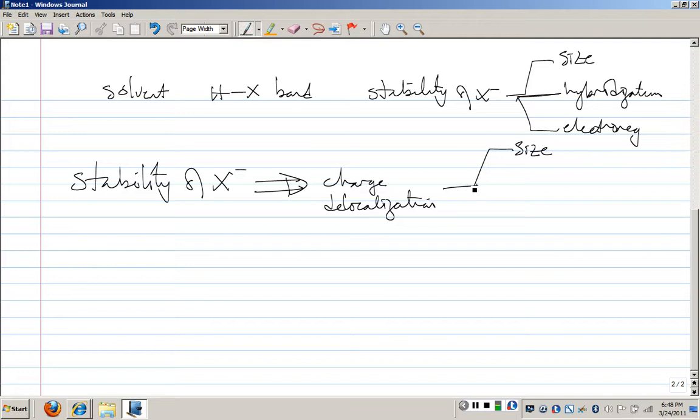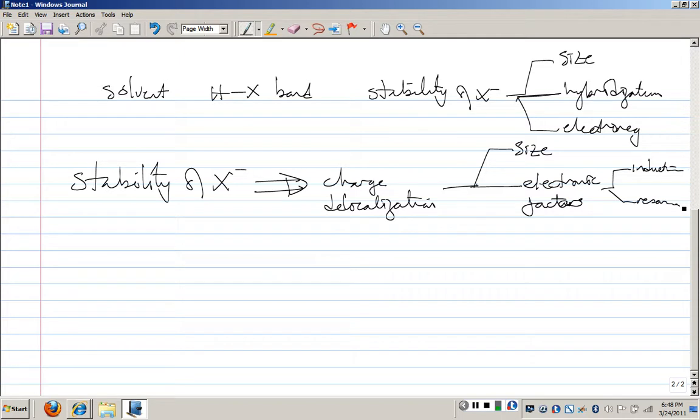A species can also dissipate the charge by what we call electronic methods. All right? So I can delocalize my charge either by being big or by using electronic means, right? By some electronic factors. And those electronic factors are induction and resonance.